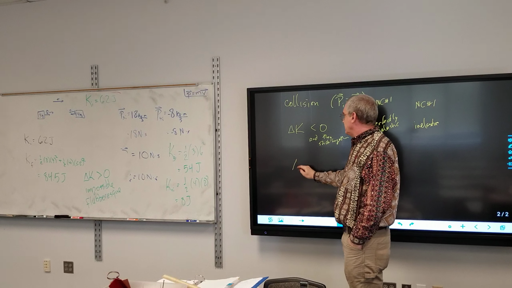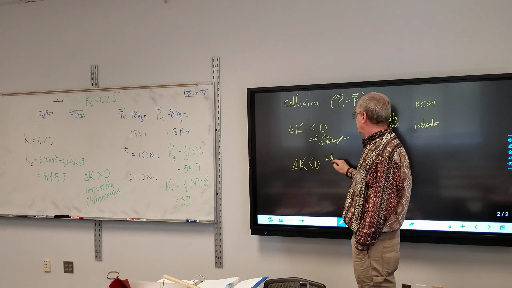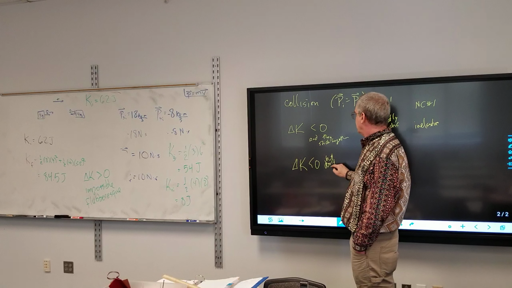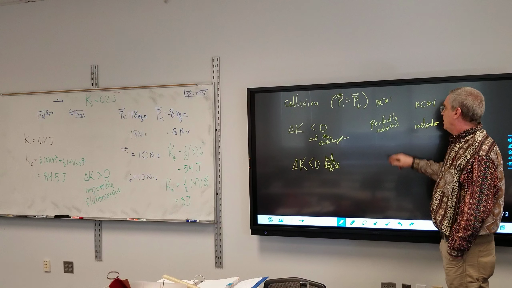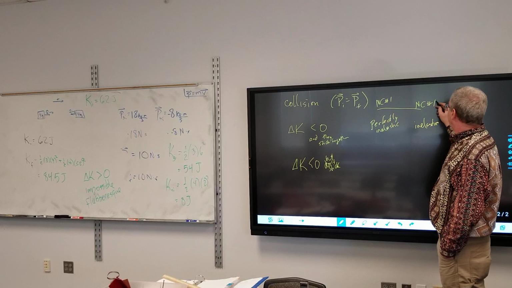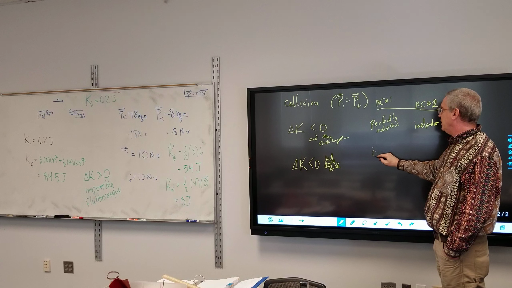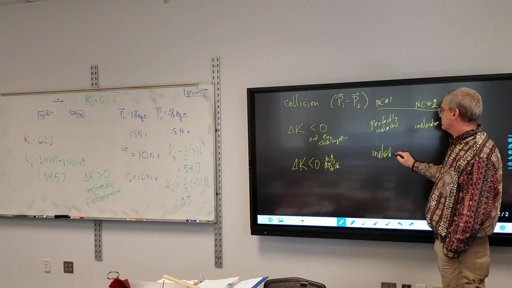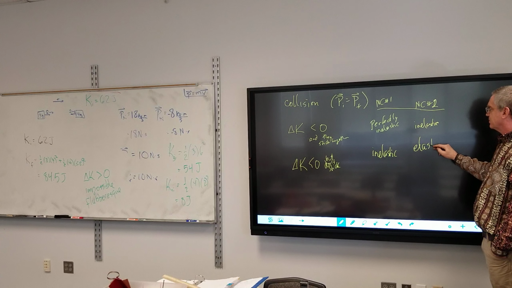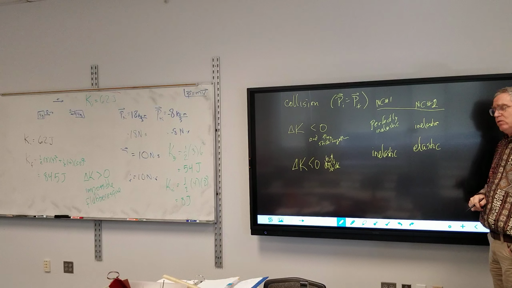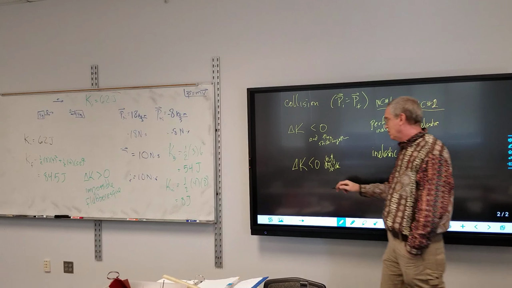If the change in kinetic energy is less than 0 but they don't stick, in naming convention number 1, this is known as inelastic. Naming convention number 2, this is known as elastic. You can see where there might be some confusion depending upon which textbook you're using.